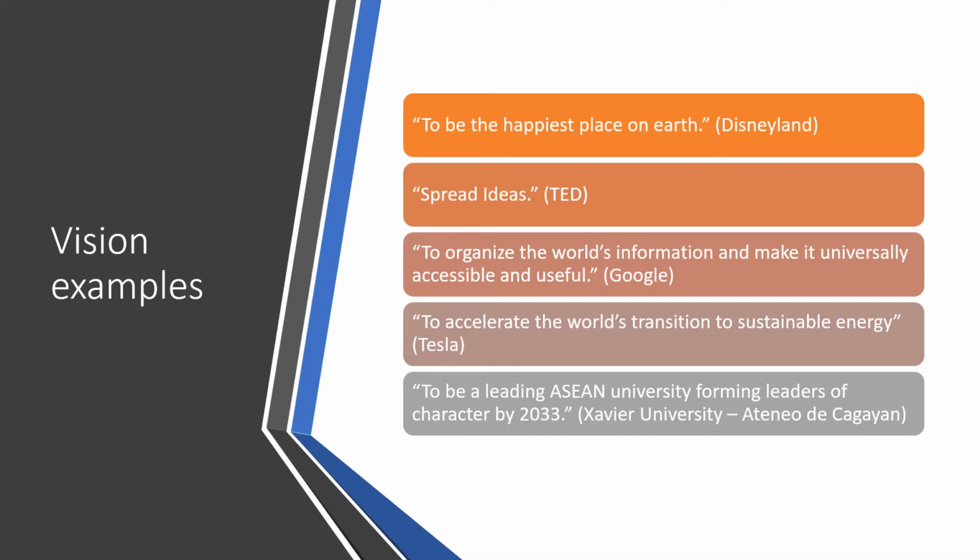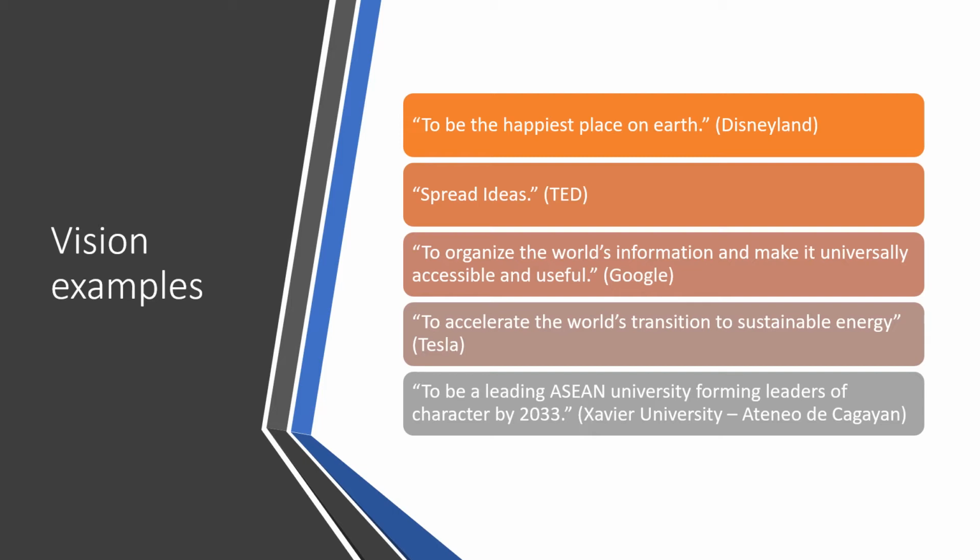So here are examples of vision statements from companies. Disneyland, you know Disneyland, an amusement park related company. Their vision is to become the happiest place on earth. TED, you know TED in YouTube.